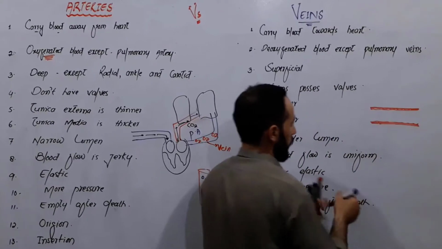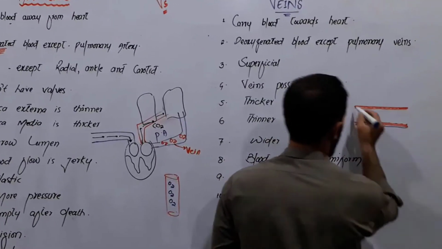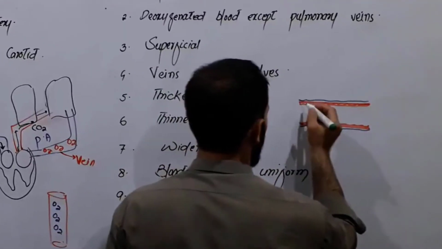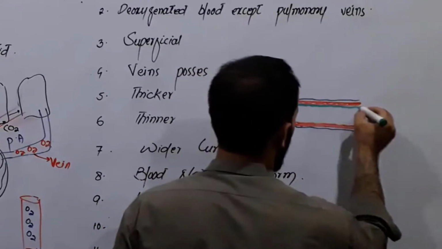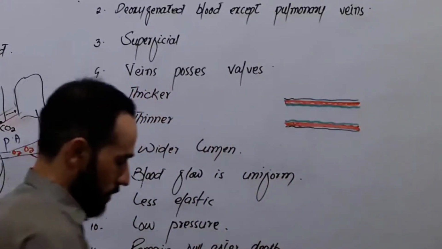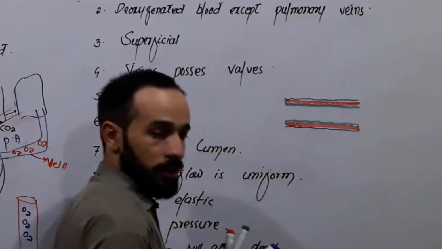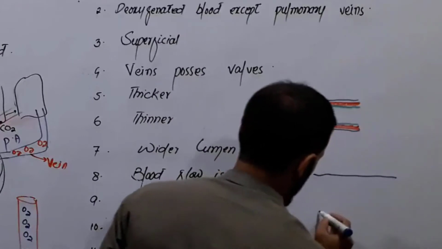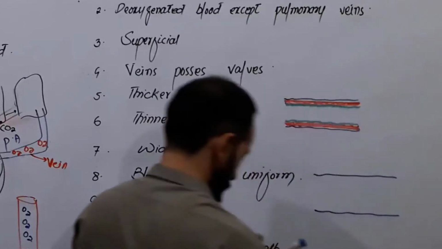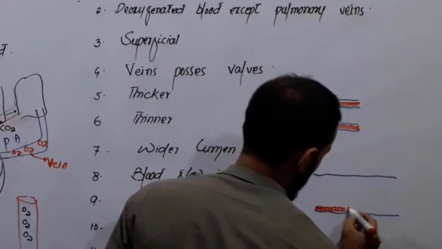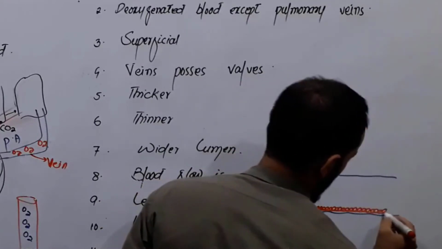Then we also have tunica externa. And then we all know there is tunica interna. We have already discussed all of them. Okay, this is the case for artery. Now look at the case for vein. This is tunica externa. Then there is tunica media.